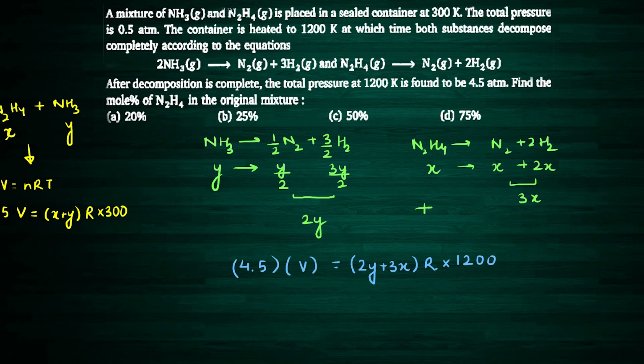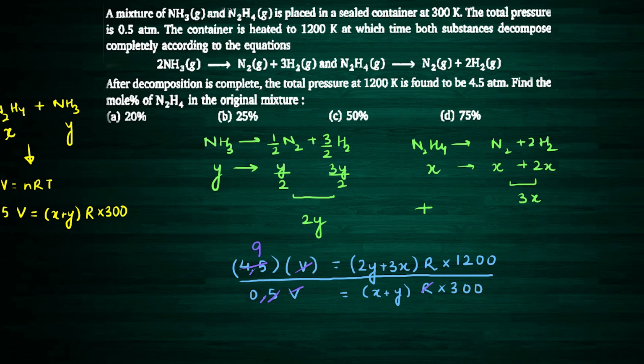So let's just divide both these equations, the second one being 0.5 V is equal to X plus Y times R times 300. When we divide both of these, V gets cancelled out and this gives a 9.